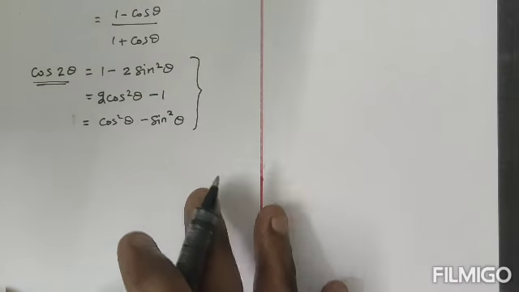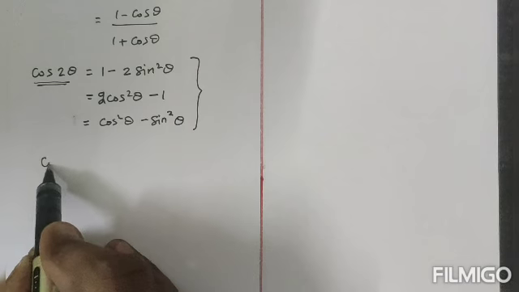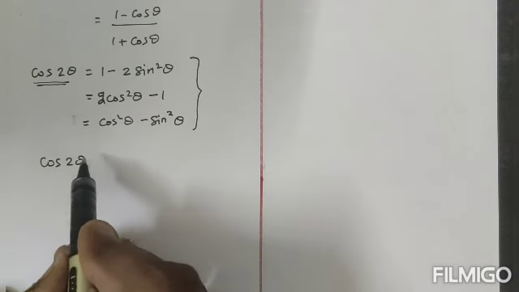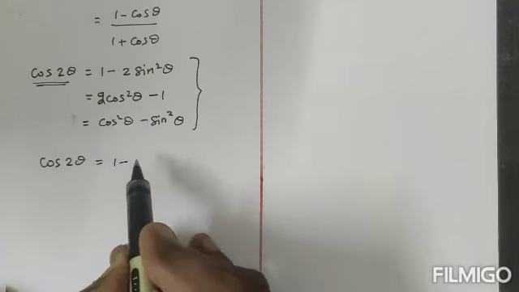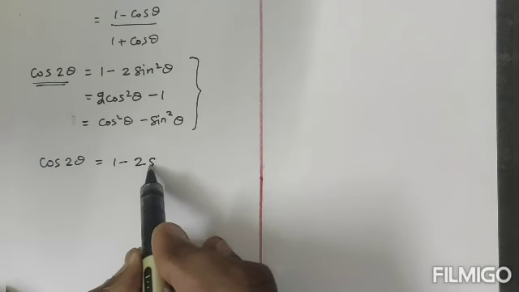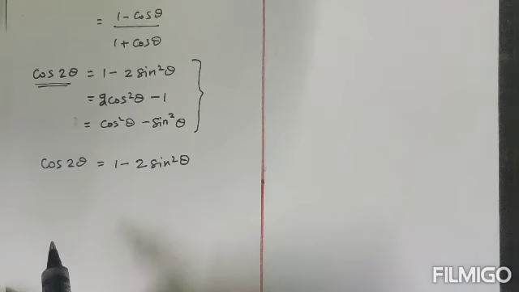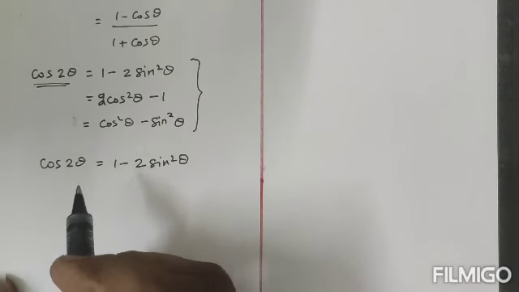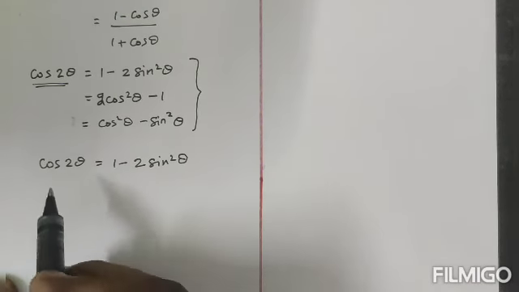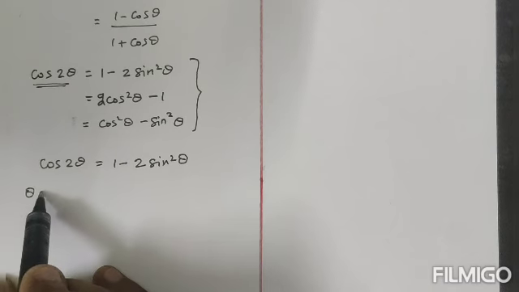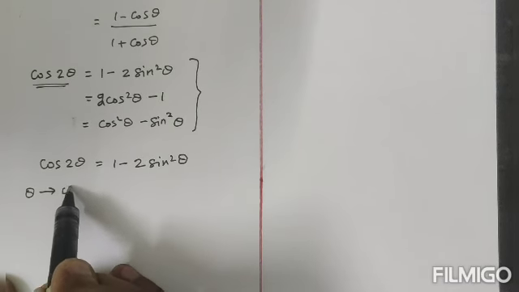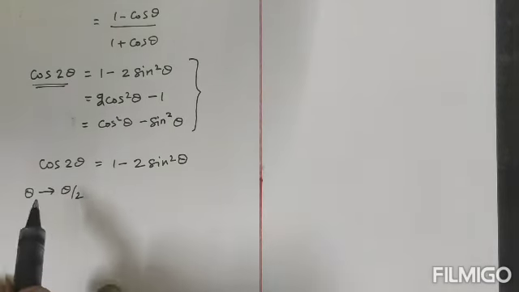Let's take the first formula, that is cos 2 theta is equal to 1 minus 2 sin squared theta. All the options are along with the half of the angle, so this theta is replaced by theta by 2.